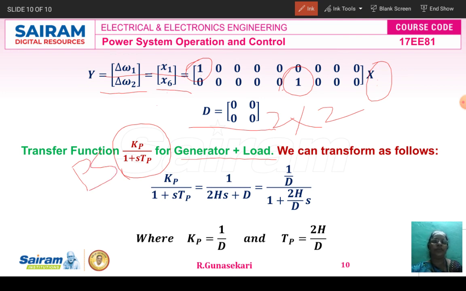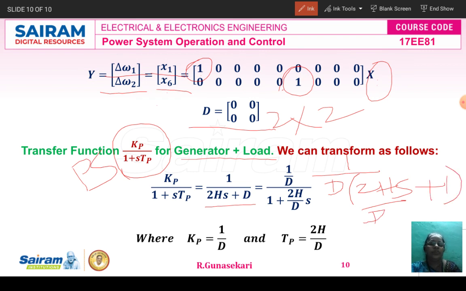So again this power system transfer function can be rewritten as Kp divided by 1 plus s Tp, which is nothing but 1 divided by 2Hs plus D. Then you can take D outside, that means 1 divided by D times 2Hs divided by D plus 1 only.